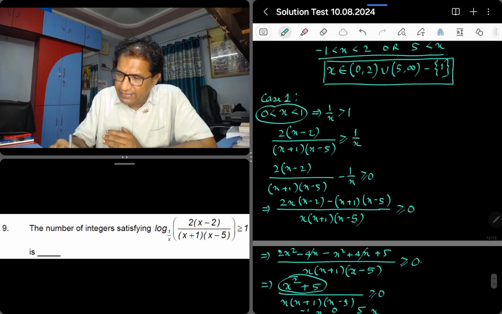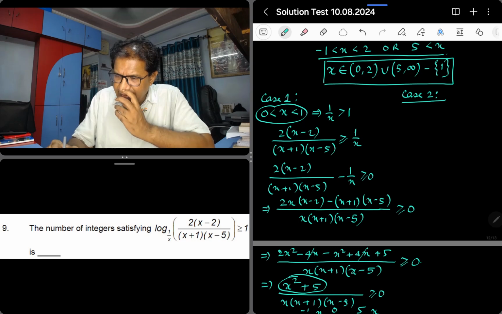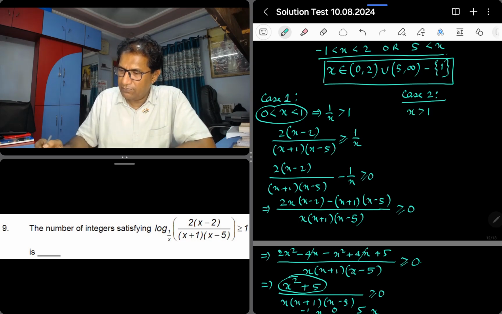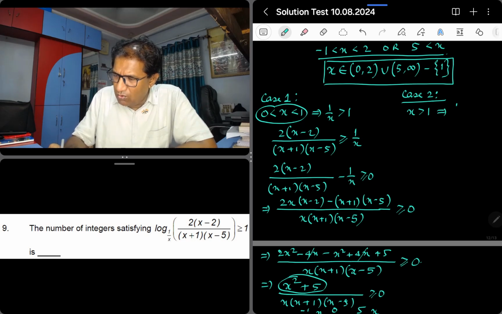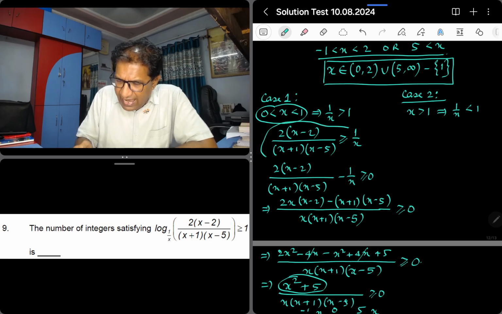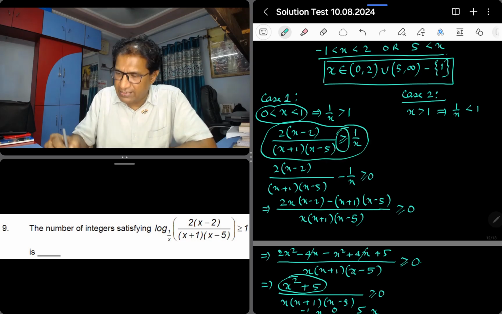Okay, now let me consider case 2. In this case, we will assume that x is greater than 1. Now if x is greater than 1, then eventually 1 over x will be less than 1. So we are going to have the same thing. Only thing is that this sign will get changed.